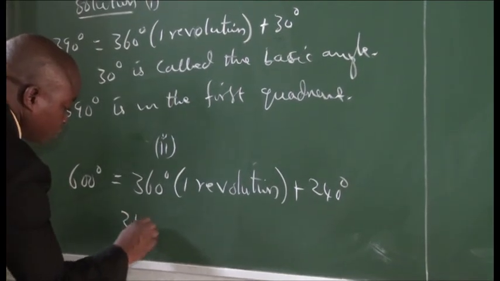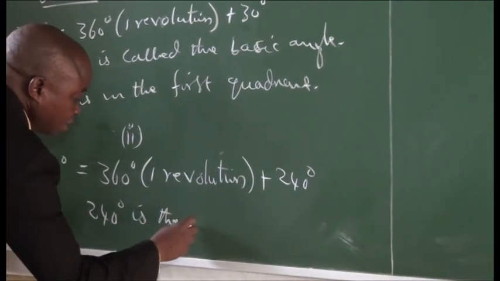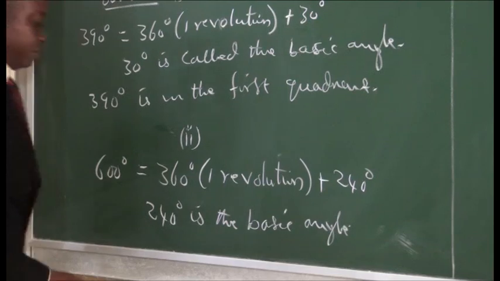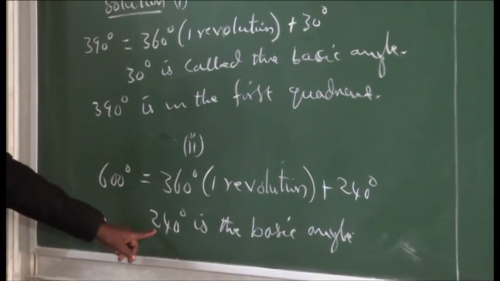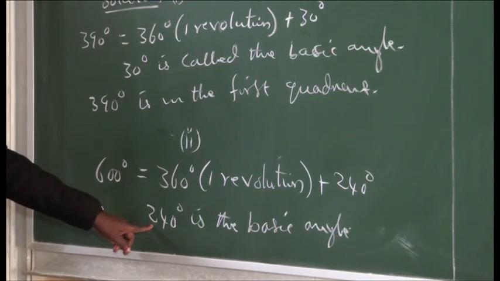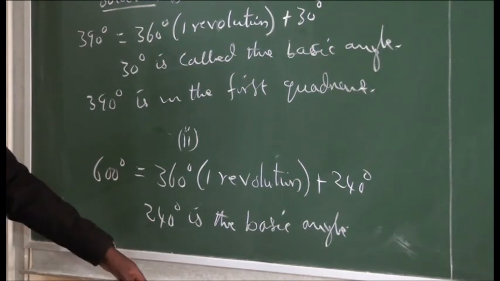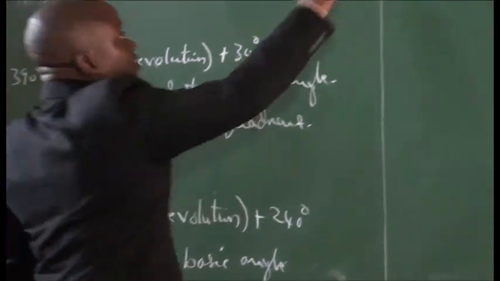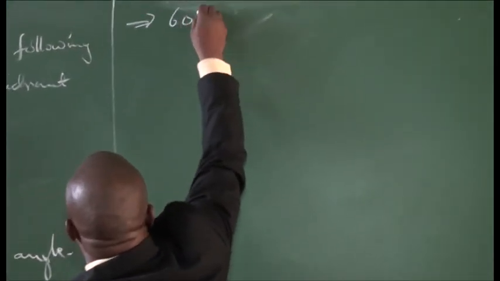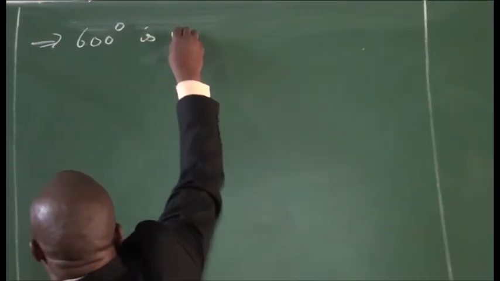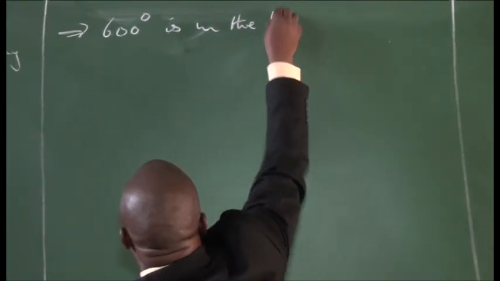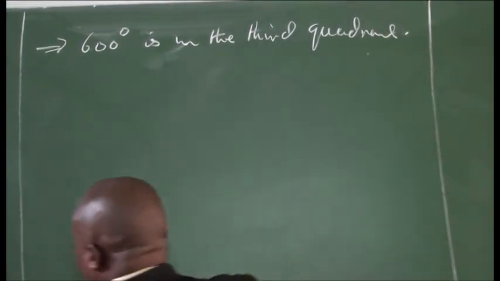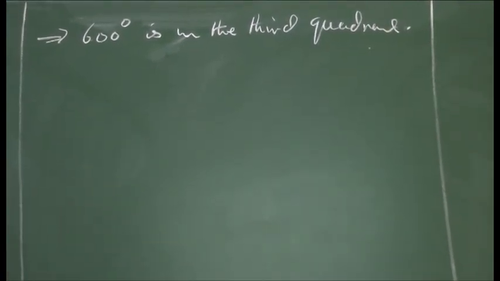So here 240 degrees is the basic angle. And where does 240 degrees fall? 240 degrees is in the third quadrant, because 180 is in the second, then 240 is in the third. And that implies that 600 degrees is in the third quadrant, because the basic angle is in the third quadrant.